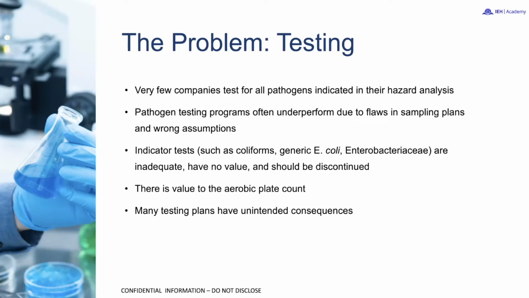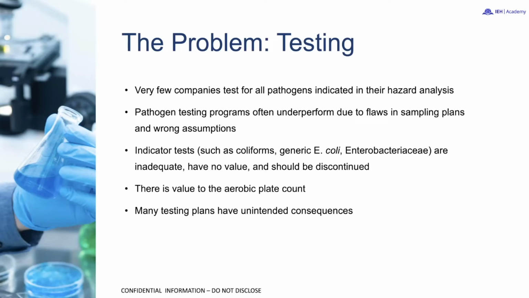But if you've identified pathogen control in your food safety plan as something requiring a preventive control in an FDA regulated plan or in a HACCP plan with the USDA, then you really should have that in your testing, and that testing is ordinarily going to be the verification of the effectiveness of your control. Testing itself is rarely accepted as a preventive control, but it's always accepted as verification.